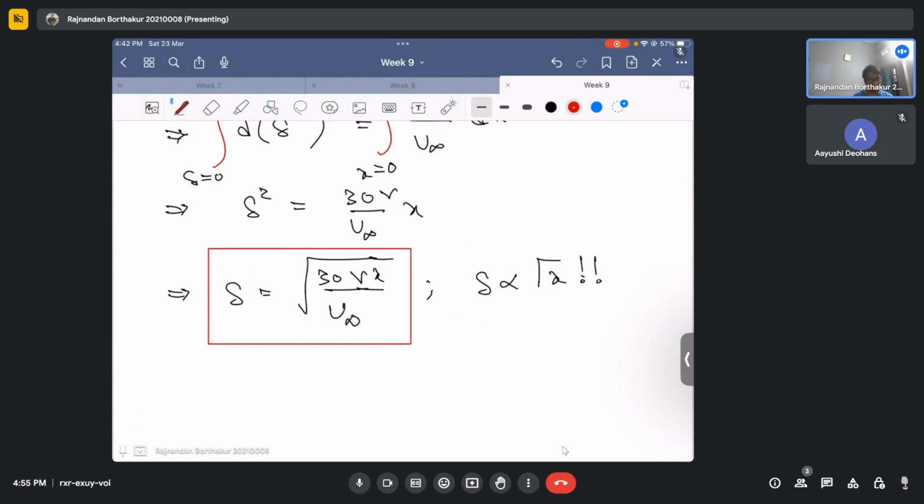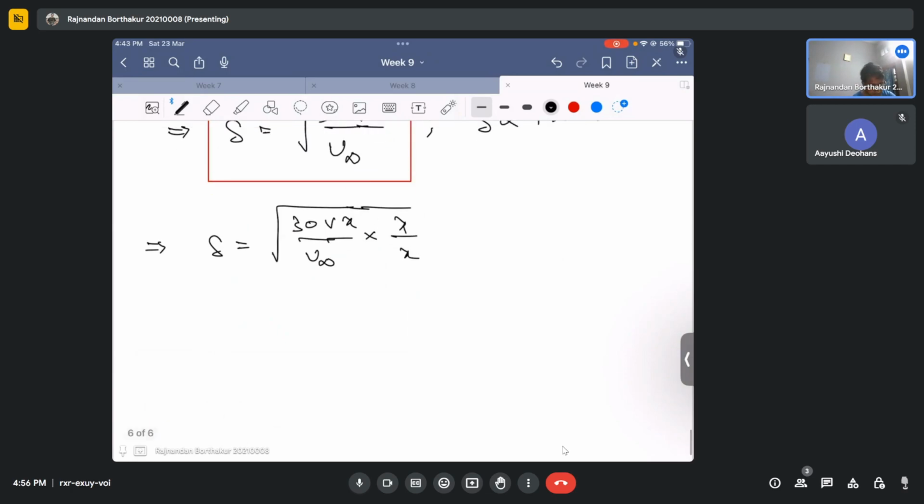But let's do one more trick here and see what we can do. So this is 30 nu x by u infinity. Let's divide and multiply by x on both sides.